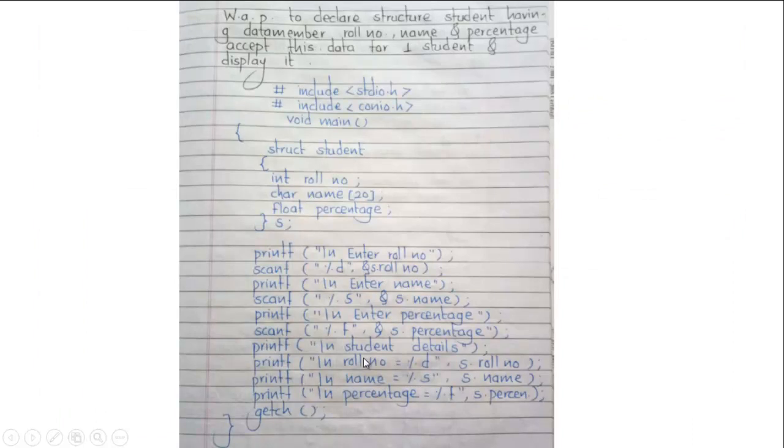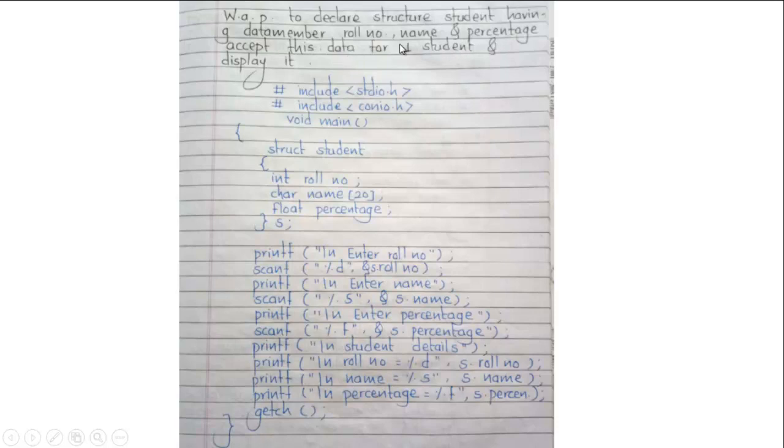Then we will see a sample program based on this structure. The program is: write a program to declare a structure student having data members roll number, name and percentage, accept this data for one student and display it.